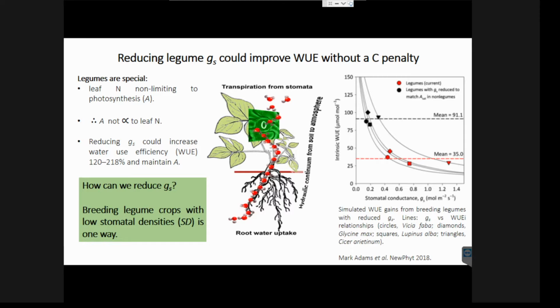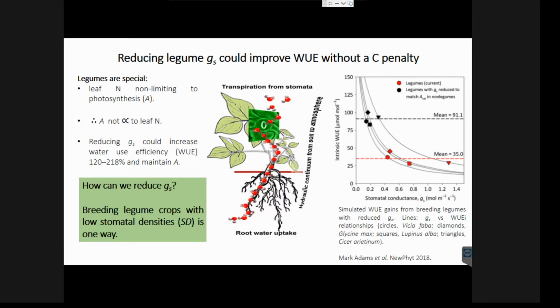And so assimilation is not proportional to leaf nitrogen in legumes. Now, if we reduce stomatal conductance in a similar manner by reducing stomatal density, we could have much greater water use efficiency gains than we're seeing right now in normal bean breeding.